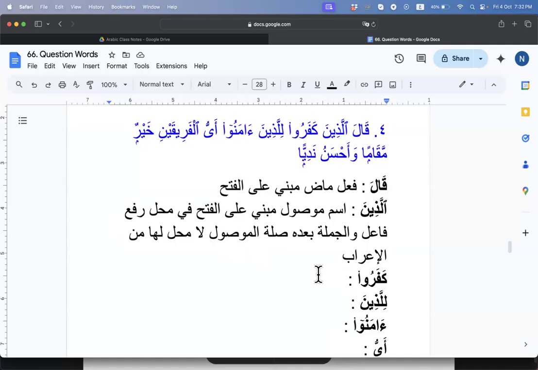And then kafaru. كفروا is فعل ماضي, and this is مبني على ضم. And الواو is ضمير متصل. Also before that, لاتصاله, litisalihi, always followed by the domir, right?